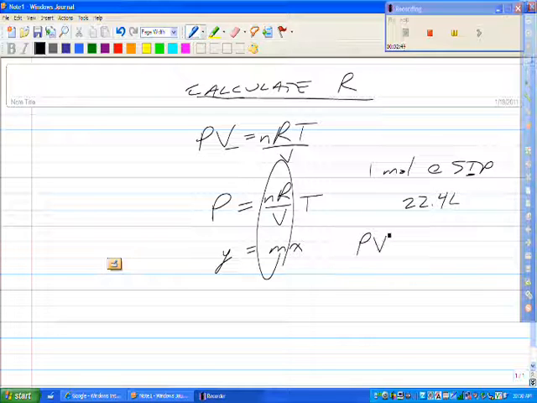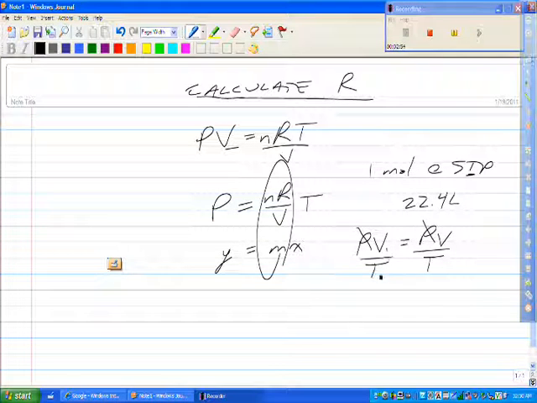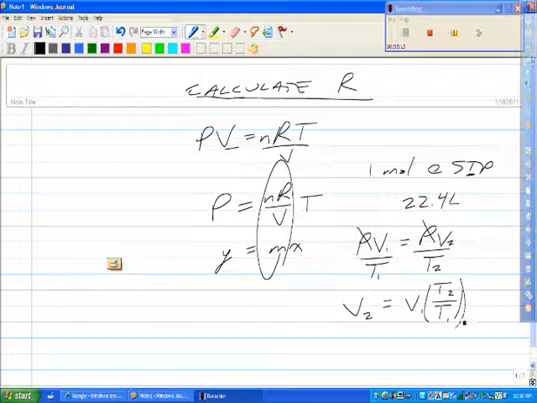So to do that, we know the pressures are the same, and so we've got V1 over T1 equals V2 over T2. We can set that up as a ratio then, that V2 is going to equal V1 times the ratio of T2 over T1, just multiplying both sides by T2.